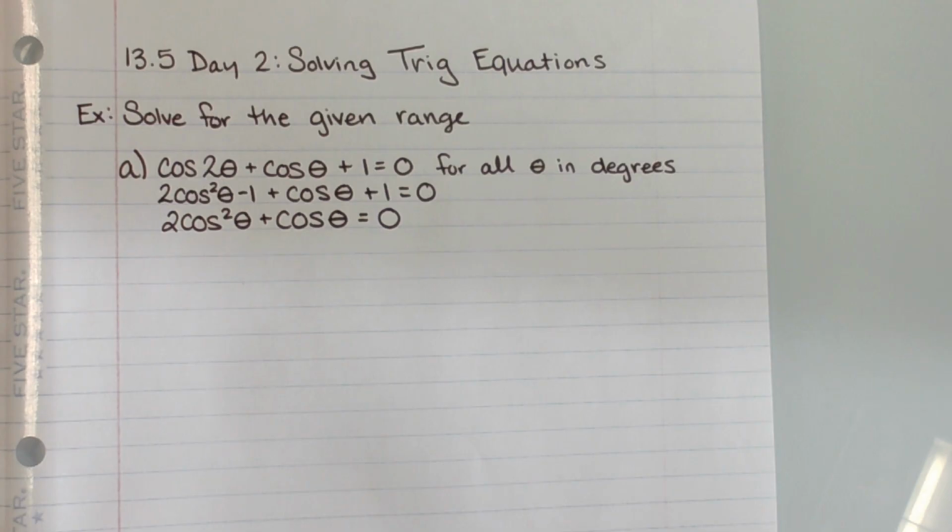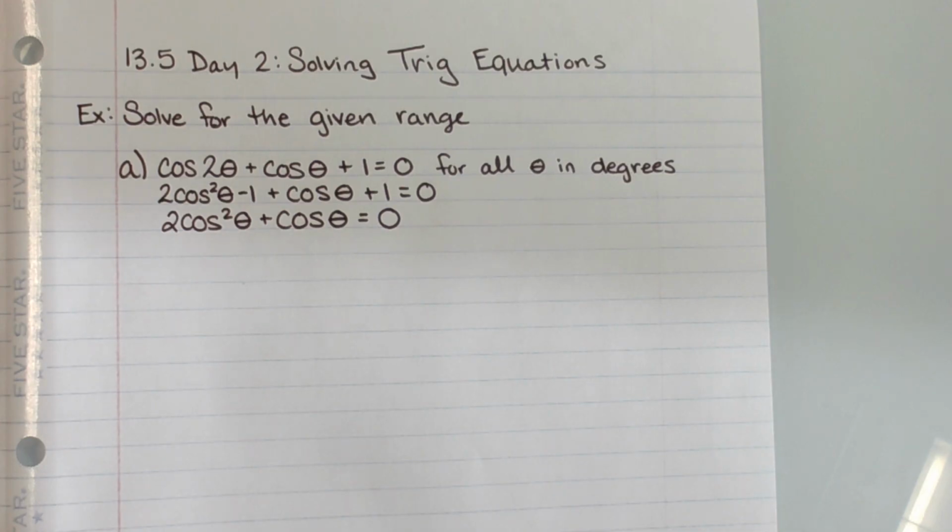Now, things that we use to our advantage for solving. If there are multiple things involved, like this one, where there's more than just a cosine, generally factoring is going to be our friend. Factoring only works in solving if it's equal to 0.